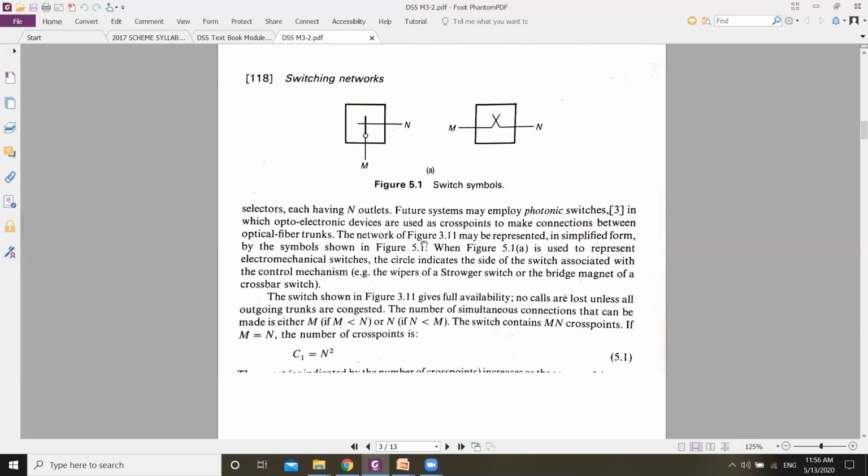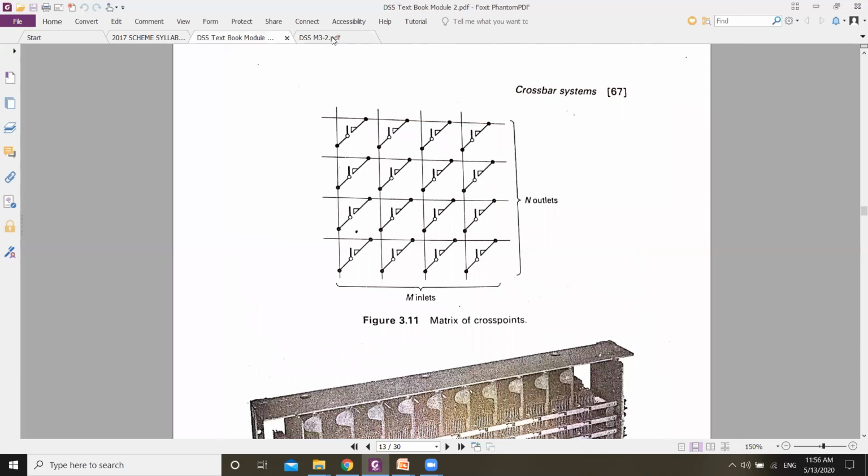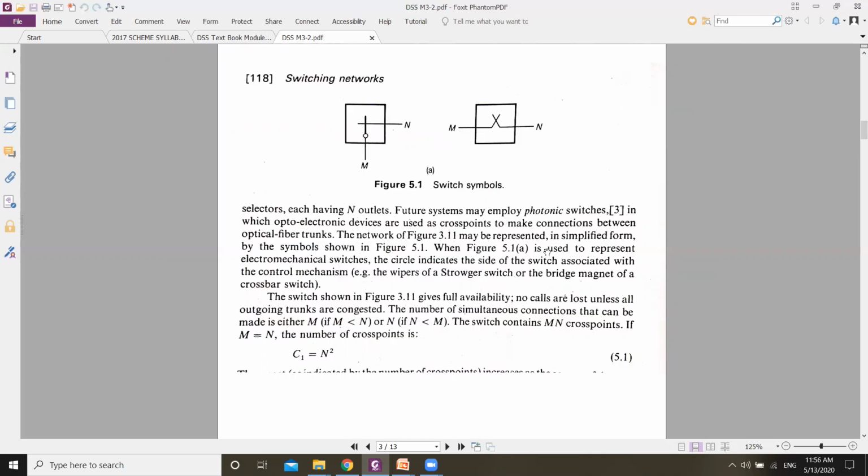The network of figure 3.11, that is the matrix of crosspoints, may be represented in a simplified format by using the symbol shown over here. So those crosspoints are replaced by these symbols. Now, in this figure we have a small circle.